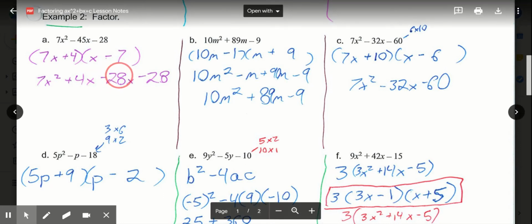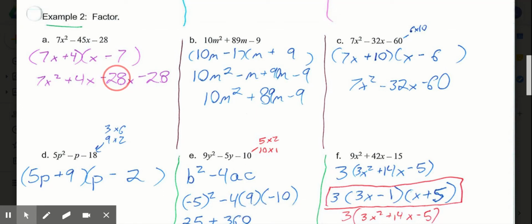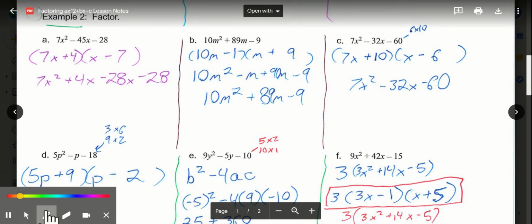oh, sorry, that should not say 28x right there. Correction. That should be, because if I'm foiling 7x times x, 7x squared, then on the inside, 4x, outer, 7x times negative 7, that would be a negative 49x.